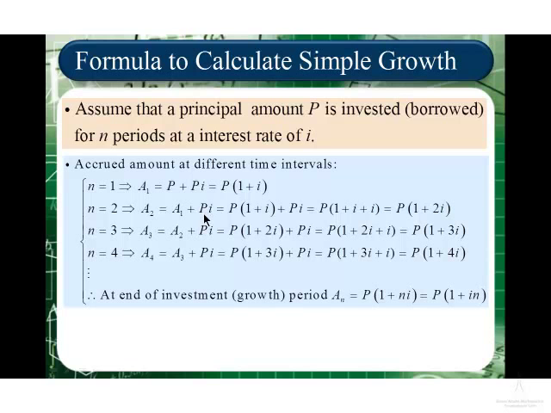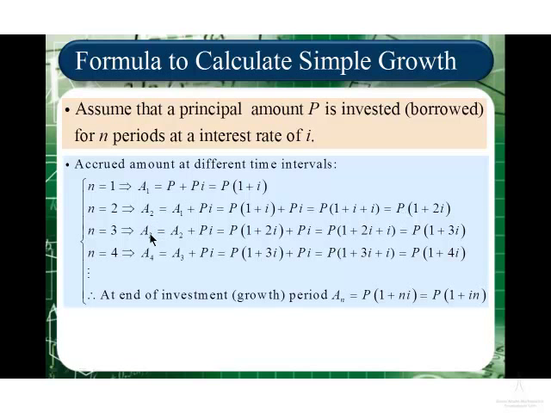Now recall, simple interest implies a constant amount will be added after each interest period. In this case, if you replace the A1 with the formula we had before, P times 1 plus I, and add another interest amount for that period of P times I, we can consolidate and write this as P common factor, 1 plus 2I in brackets, times P. And that will be the accrued amount after the second interest period.